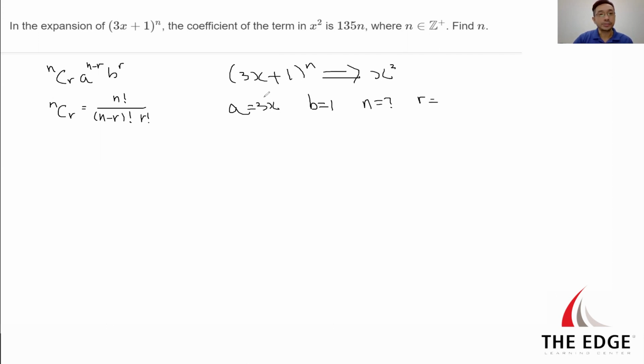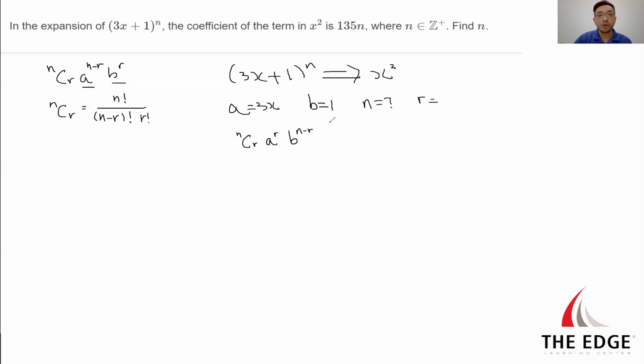Now, if we pay attention, I need the x squared term, so obviously I need to raise the first term to the power of 2. You will also notice that for binomial expansions, we can swap these two powers. It doesn't have to be a to the n minus r. We can rewrite this as nCr with a to the r power first, and then b to the n minus r power.